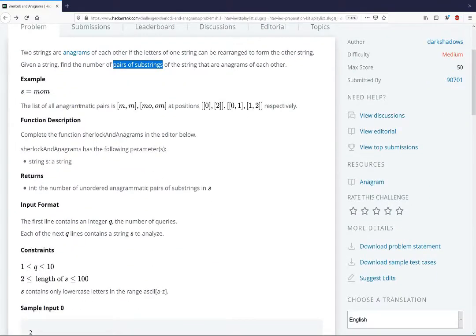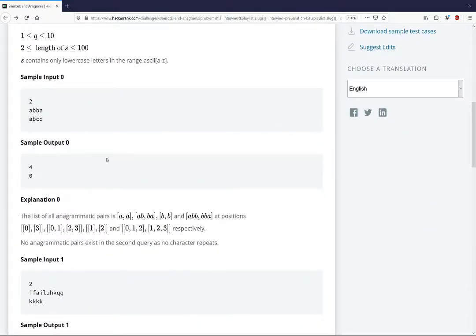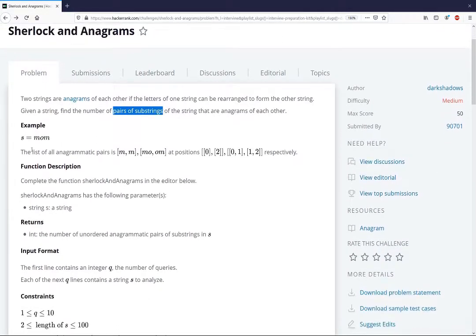So, for example, here, I'm trying to see if I can come up with a good example. I can't really from these examples, but basically for S being equal to mom, the substrings are, of course, you have M, O, and M. You've got MO, you've got OM, and you've got MOM.